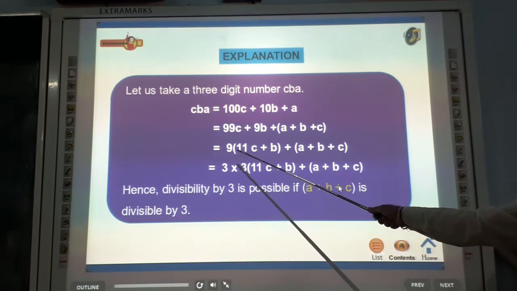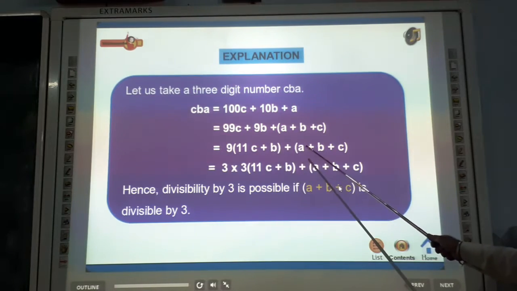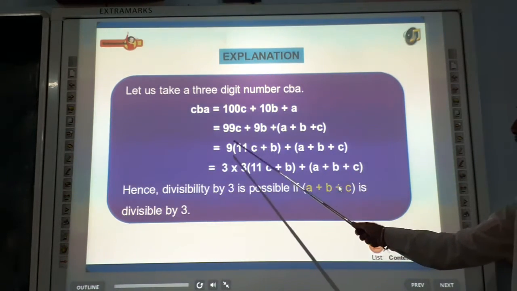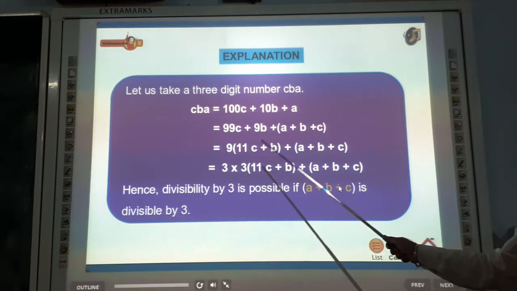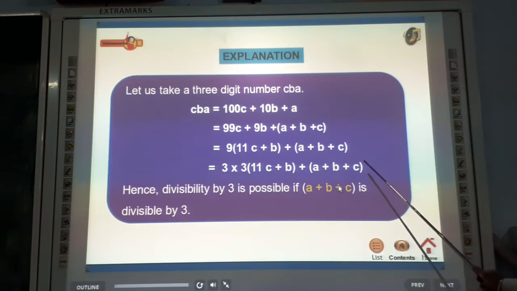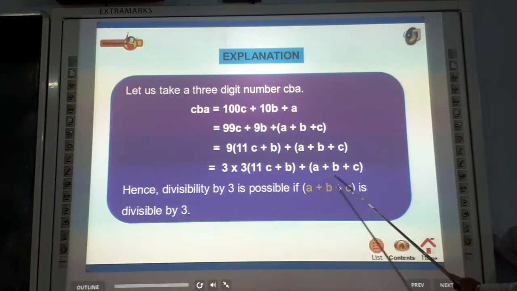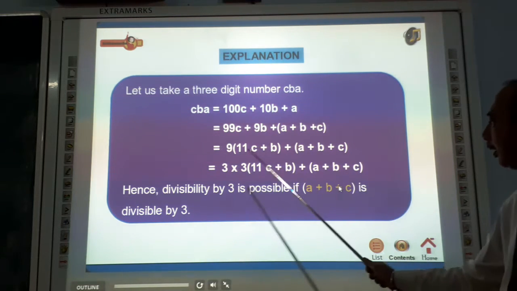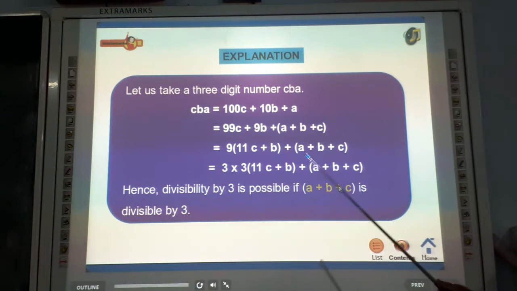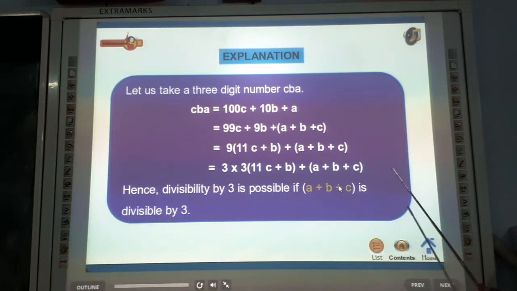Then 9 is taken common, 9 times 11C plus B, and here we have A plus B plus C. Now this part is divisible by 9, which means it is also divisible by 3. And then if A plus B plus C is divisible by 3, then the complete number will be divisible by 3. So the sum of the digits should be checked for the divisibility by 3.